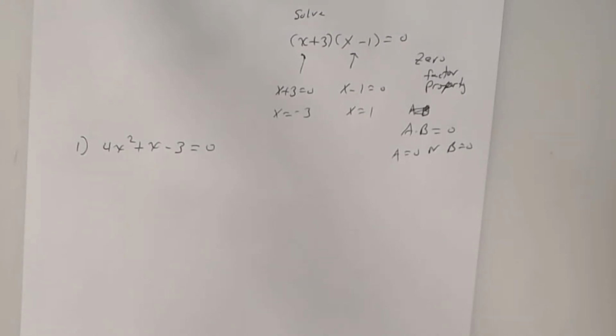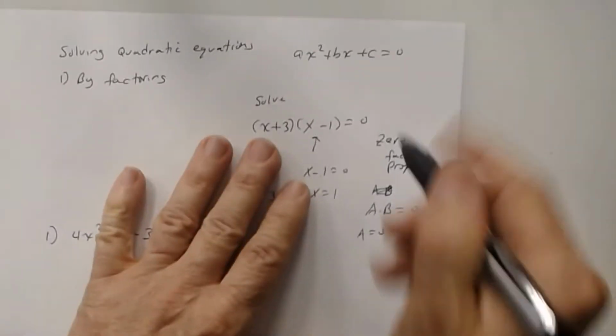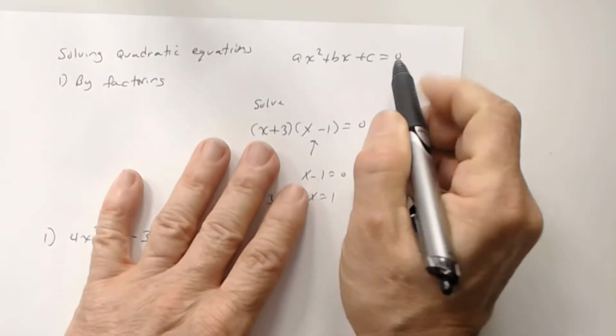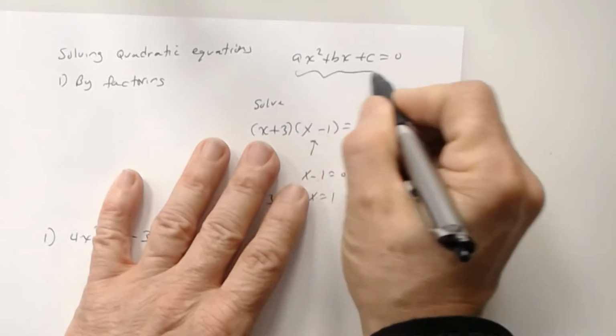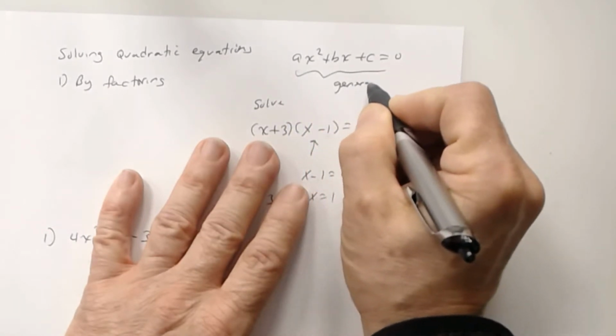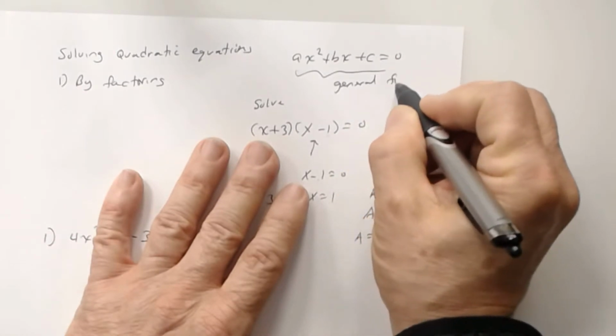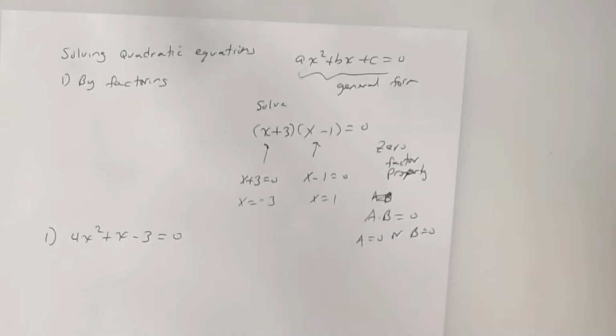Last semester, your book called it standard form. This semester, your book calls it general form. General form means this. You want what number on the other side? 0. So general form means all the terms on one side, zero on the other.